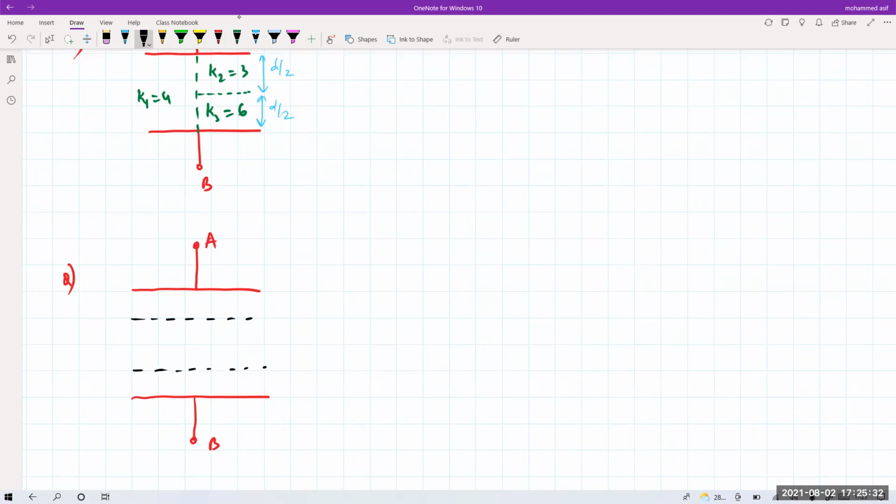One dielectric like this. K1 equals 1, K2 equals 3, and K3 equals 6. The distance is D by 3. This distance is also D by 3, and this distance is also D by 3. Total area is remaining the same.